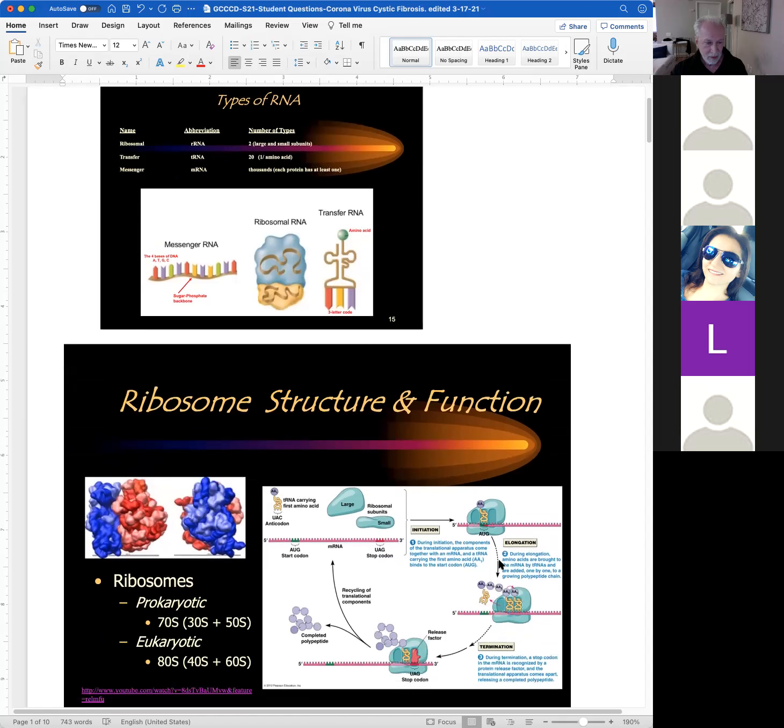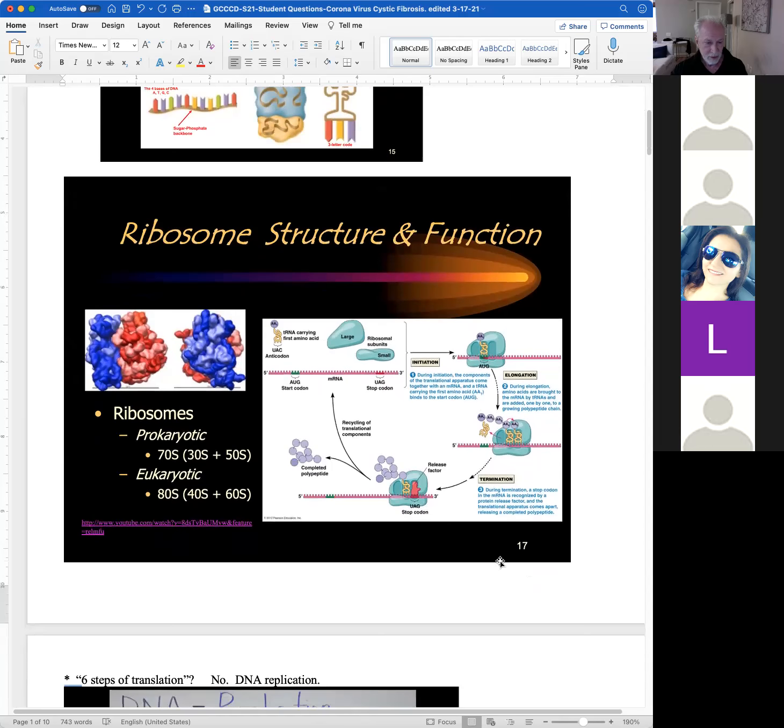So if we go down to the next slide, it shows these components in action. Up in the upper left-hand corner here, you see the tRNA, the large and small subunits, and the messenger RNA. If you go to the right, you can see them all combined.